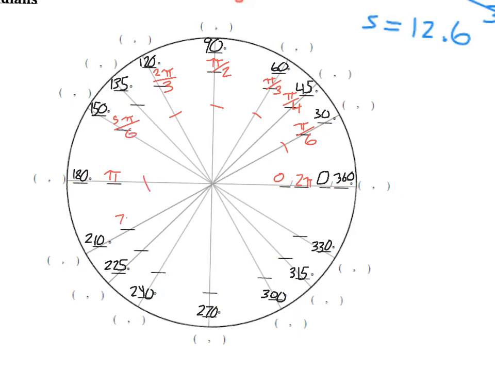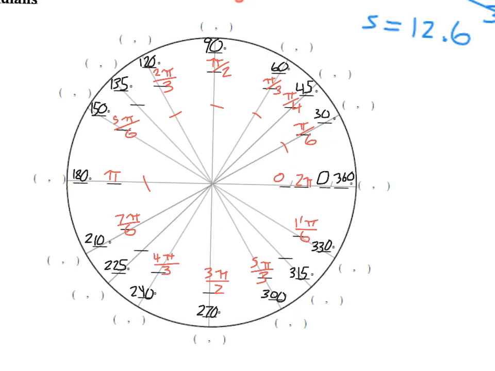So then over here we have 7 pi over 6. 240 will be 8 pi over 6, but I can reduce that. This is 9 pi over 6, reduced. 10 pi over 6, can reduce. And then over here we have 11 pi over 6. So all I did was count by 30s, which is pi over 6, and I reduced each one.